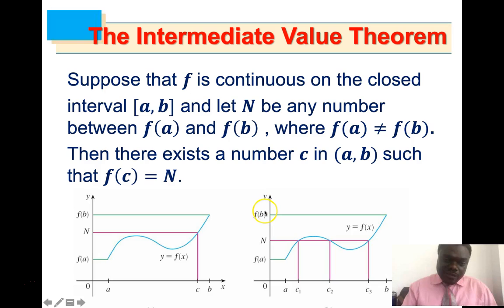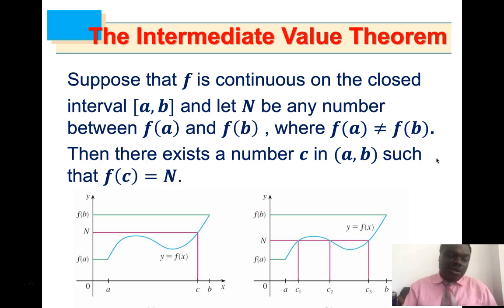So because f of b and f of a are different and there is some number n, any number n between f of a and f of b, there will be some number, at least one number c, the value of x, at which f of that c will be equal to n. Remember, the function must be continuous from a to b. It says here the function must be continuous from a to b.